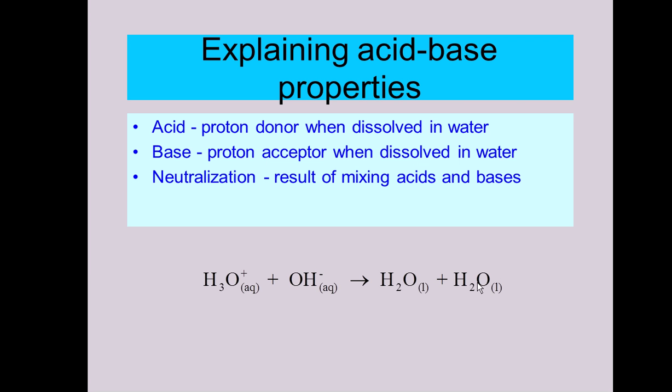If you take the ions created by the acid and base, this is a hydronium ion which was created here, and this is the hydroxide ion which is created here. If you combine these, they form water, and this is called a neutralization reaction. This and this, when they combine with each other, form two molecules of water. That is why if you mix acids and bases, they neutralize each other.